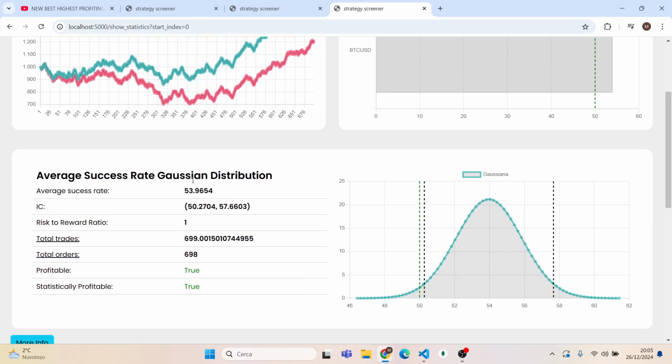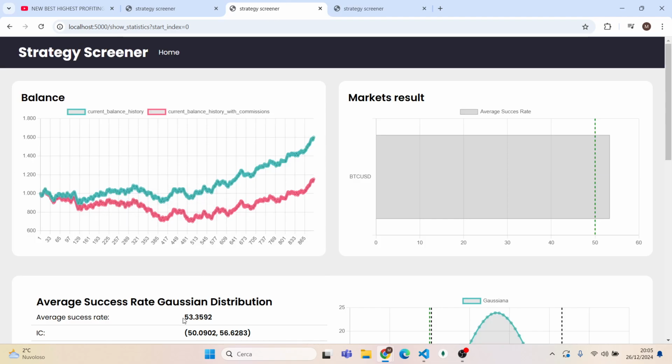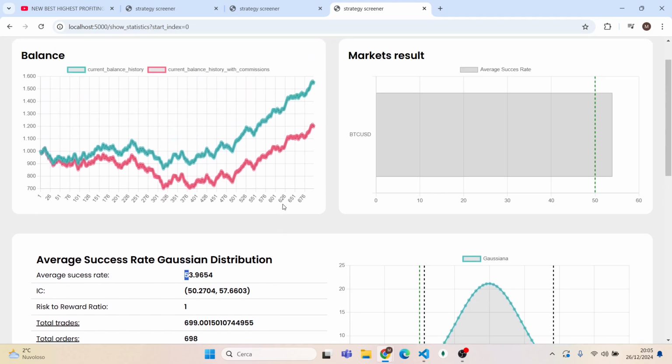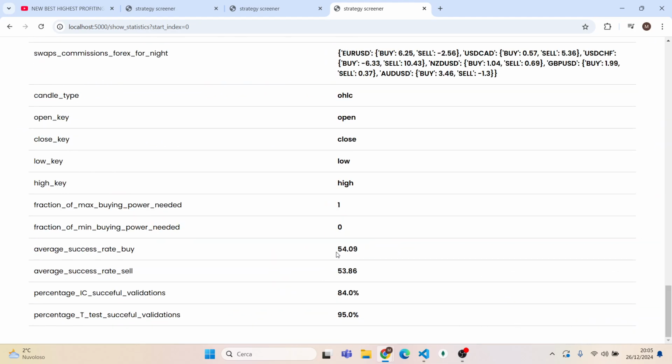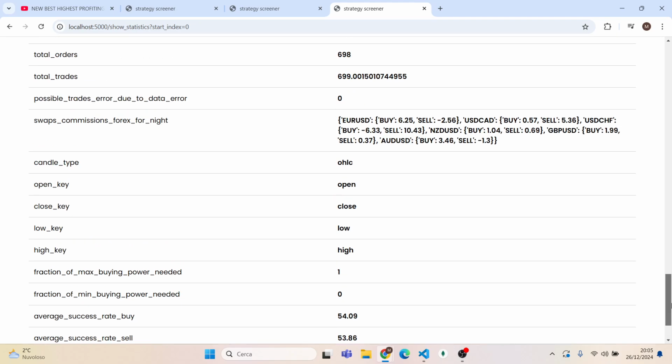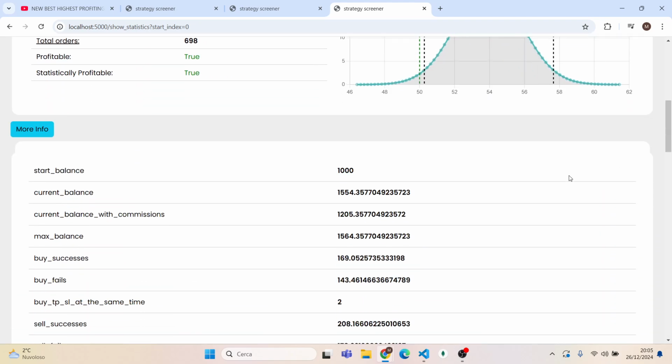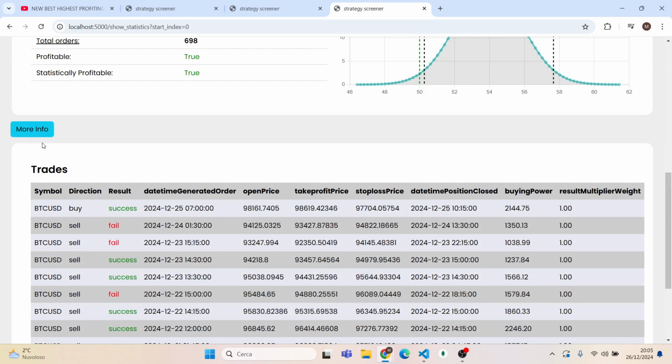Okay, here are the final results. As you can see, almost 54%. Here it was 53.35, and we are also taking into consideration sell orders. So let's see how the buy went. And as we can see, it's not 56%, but that's normal because new positions were opened, and these new positions didn't perform too well.